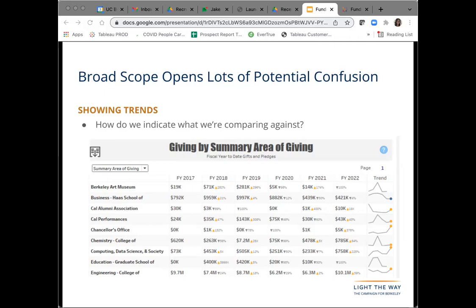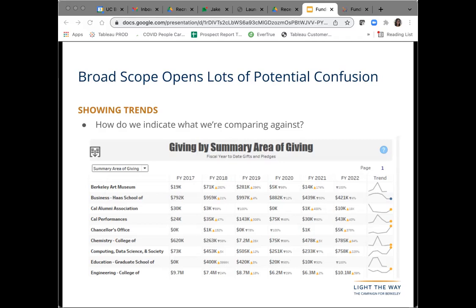Reducing that cognitive load, I think, is really key to making dashboards successful, because we don't want people to spend their time trying to figure out what the dashboard's telling them. We want them to spend their time figuring out what to do about what the dashboard's telling them. What does it mean that Cal Alumni Association is up 20% over last year? And what should we do because of that?